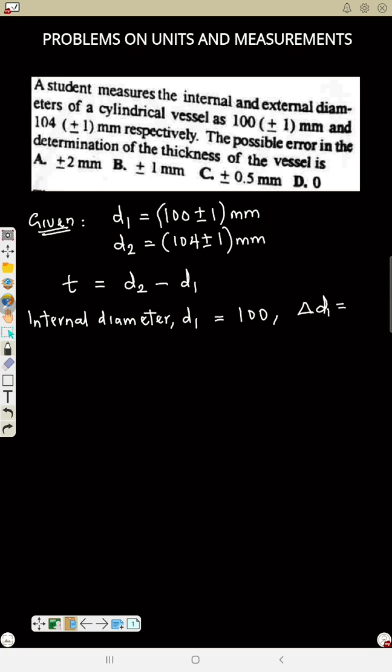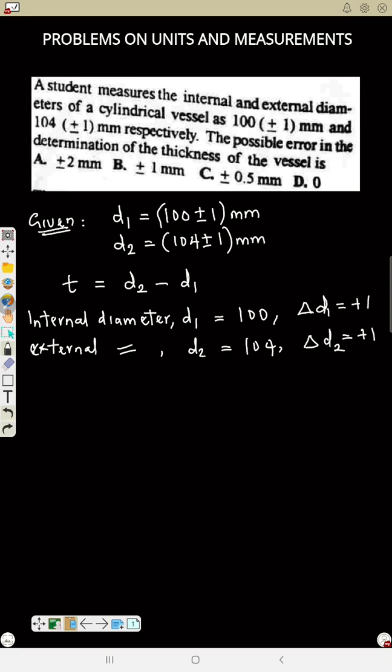So let's say plus 1, so I'm taking the maximum here. Also the external diameter D2 will be 104, and delta D2 is equal to plus 1 also, which is the second one here.